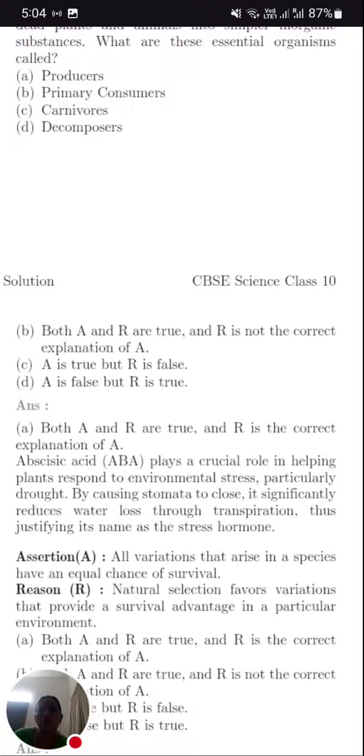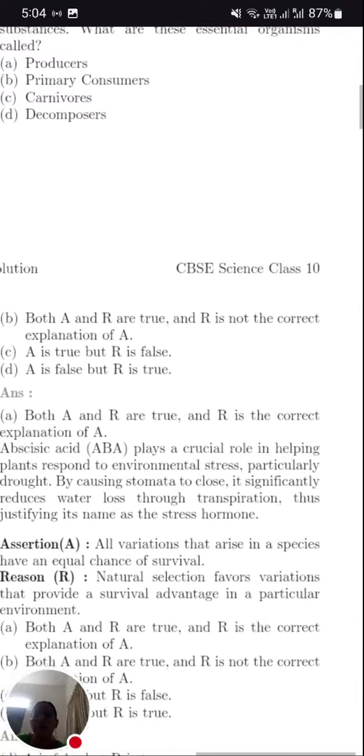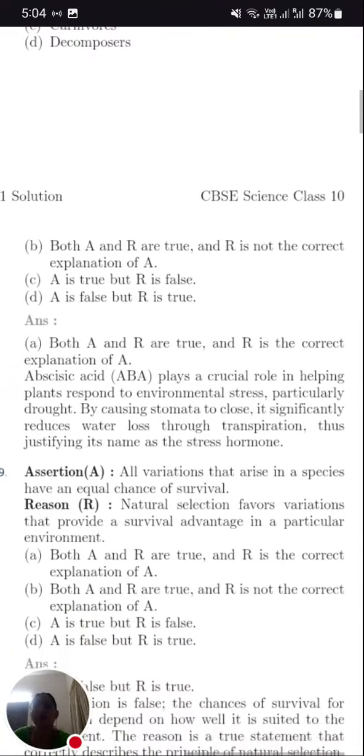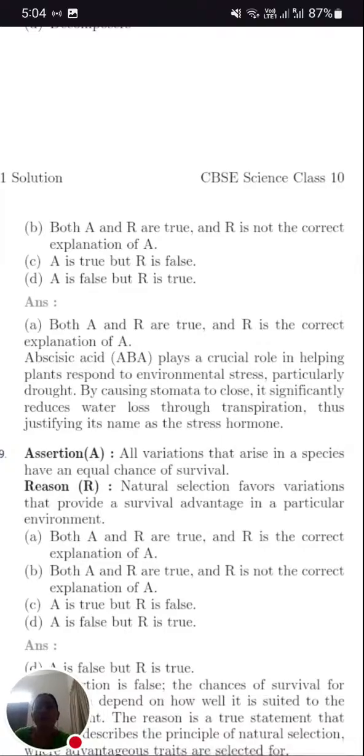Abscisic acid plays a crucial role in helping plants respond to environmental stress, particularly drought. Water loss through transpiration thus justifies its name as the stress hormone. So you can memorize this answer: there is a relation between abscisic acid and the stress hormone for the plant.